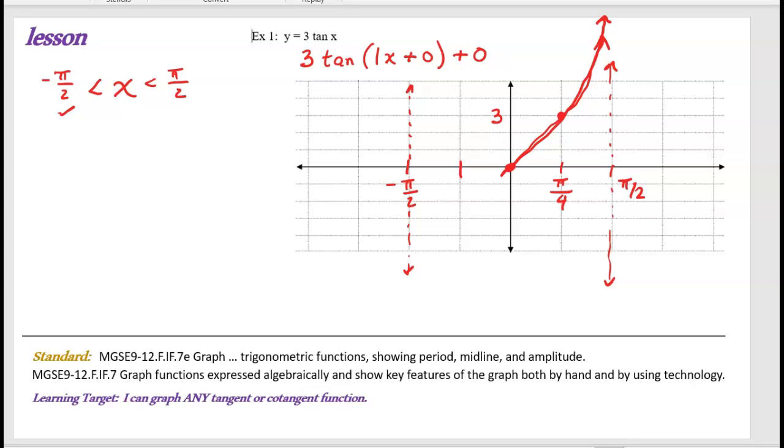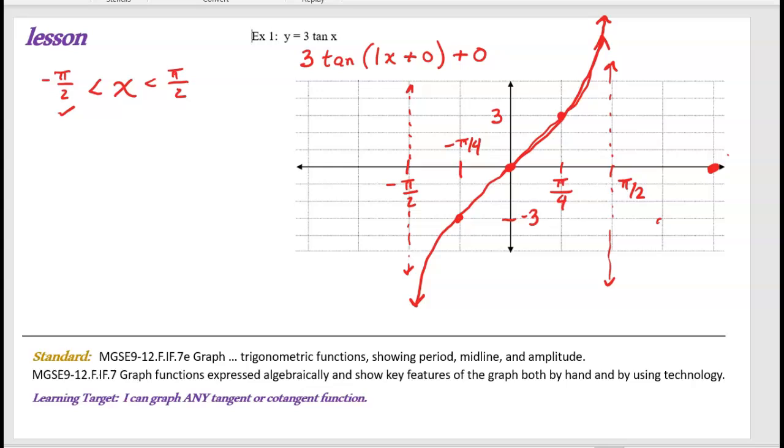So there's half of my graph. And it should look like it's smooth and approaching infinity. And then at negative pi over 4, we go down to negative 3. Same thing, it should look like it's approaching. So we have smooth, so decelerating, kind of flattening out as you approach the origin and then going back up. Okay, and if you want to graph more than one period, absolutely.